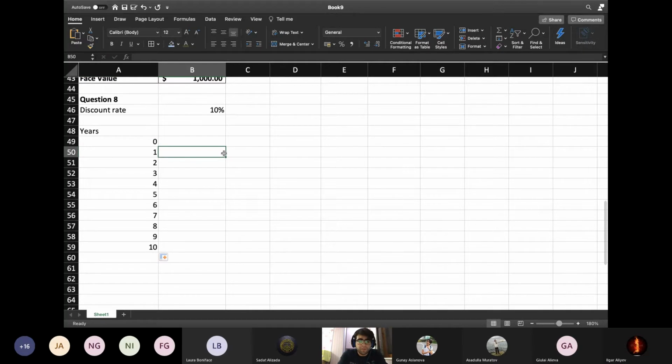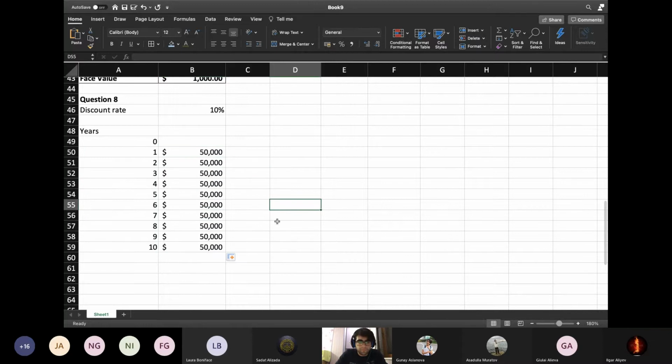Equal payments, a series of cash, $50,000. So this is present value of annuities. Let me write present value here, and also present value here.